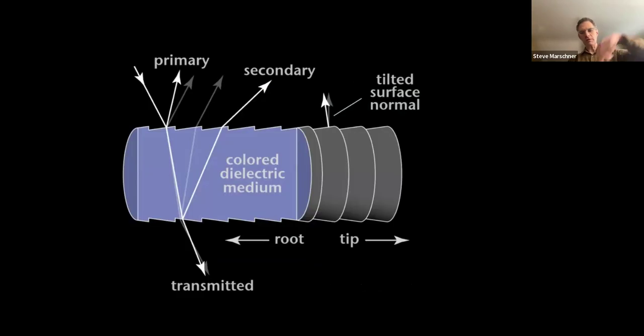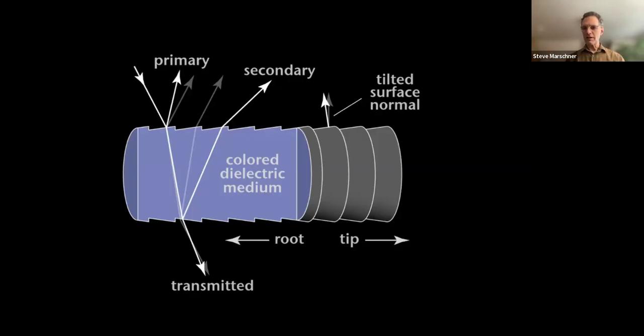Here in gray is the reflection that you would get from a perfectly smooth cylinder, where light that reflects off the surface, or goes through and out the other side, or reflects internally, would all come out at the same angle in a perfect cylinder. But once you tilt these surface normals, the surface reflection is pushed in one direction, and the reflection that happens internally off the back surface gets pushed in the other direction.